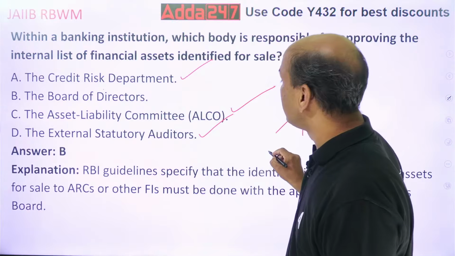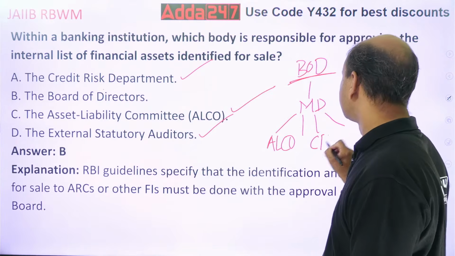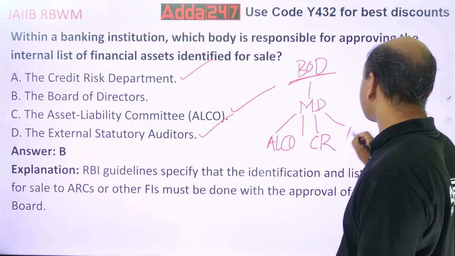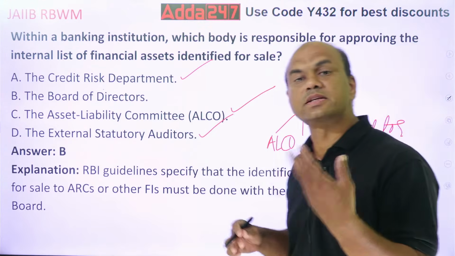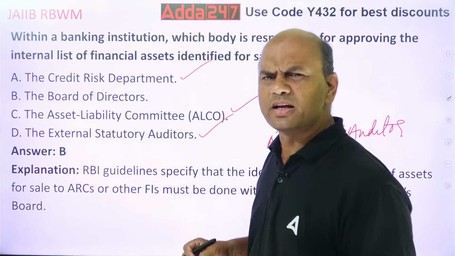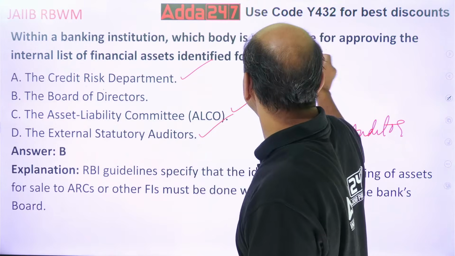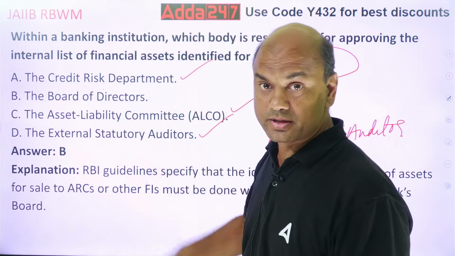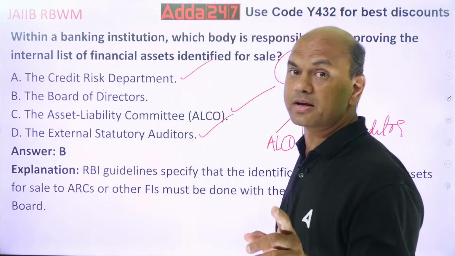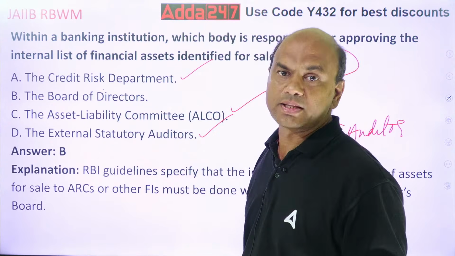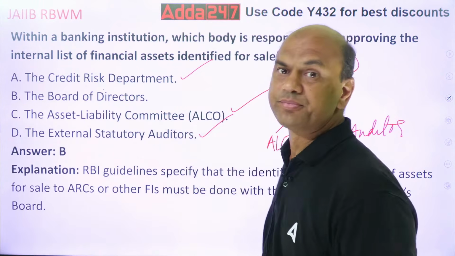So whether you call this ALCO, Credit Risk, or Statutory Auditor, all of these will give suggestions that yes, we can sell this asset. Decision is taken by the Board of Directors, always. So the answer is B, Board of Directors. Again, check the securitization chapter, Macmillan book, and you'll find this.